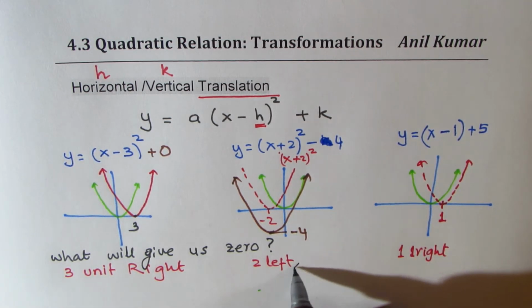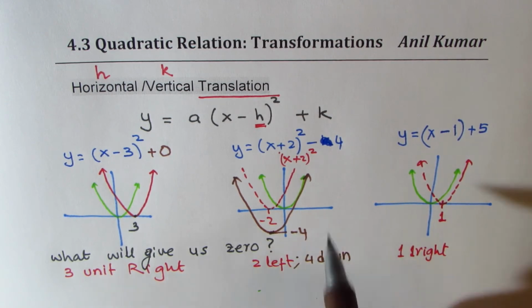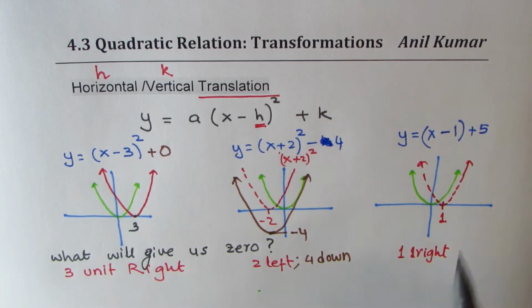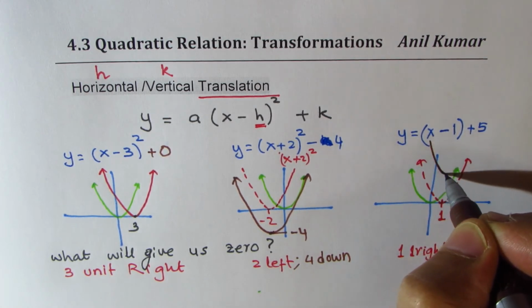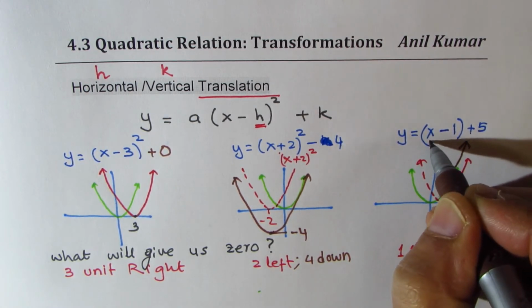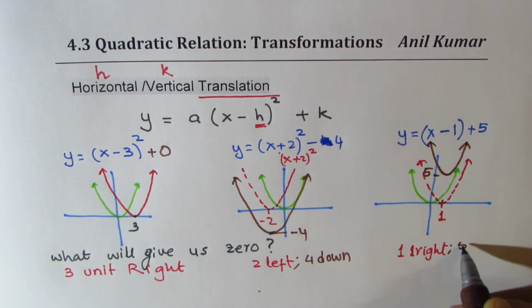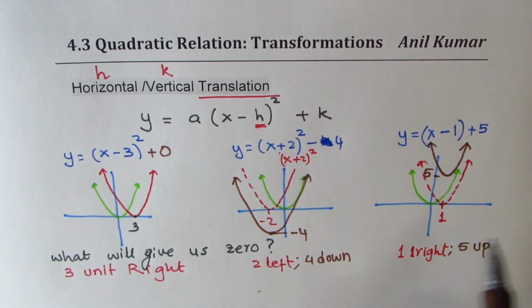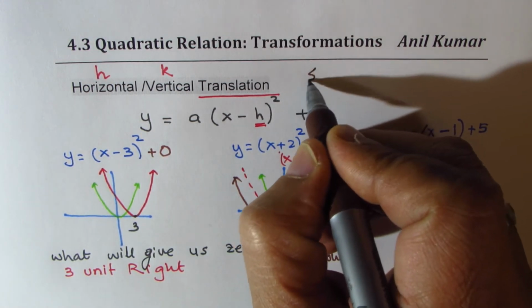So it is 4 down because of minus 4. Now here it will move up by 5 units, so we could have something like this. So here it is 5 up. So we're talking about translation, vertical translation. Okay, so whenever this happens, what is important to see, that shape will not change.